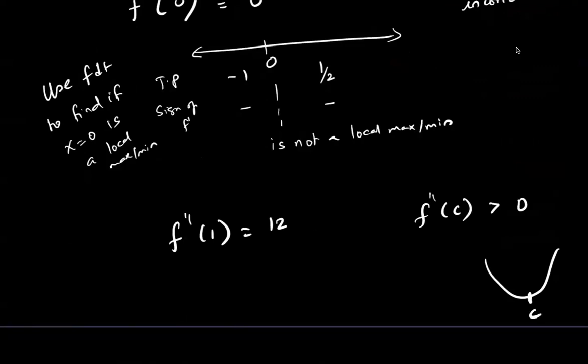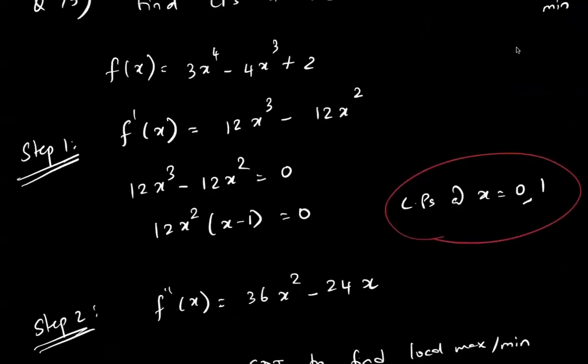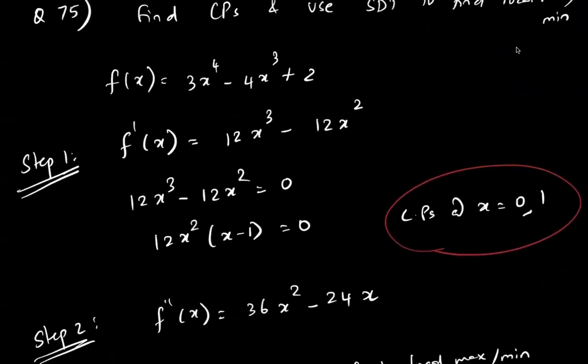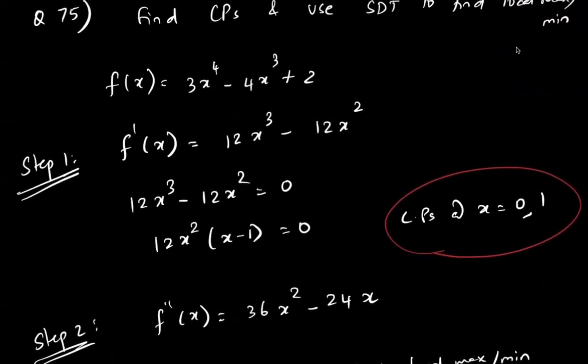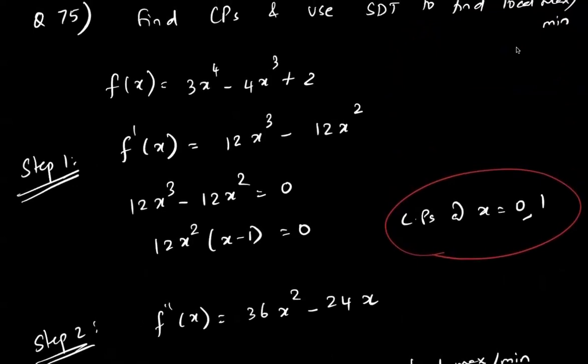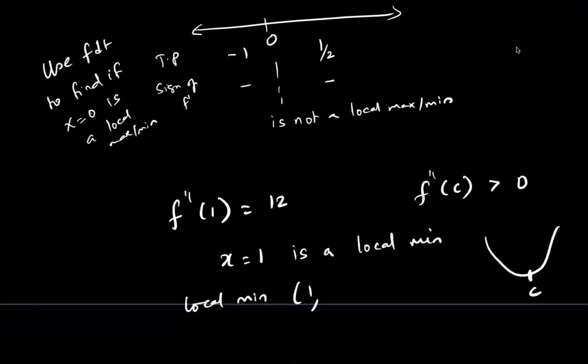That means x equals 1 is a local minimum. So my local minimum is at 1 comma, I put it back into my original function. I get 3 minus 4 is −1, plus 2 is 1. So (1, 1) is a local minimum, but there was no local maximum or minimum coming from x equals 0.